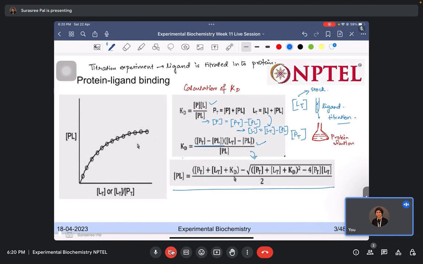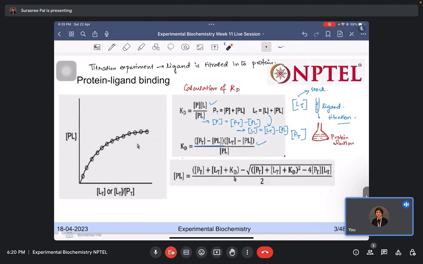In this formula, the total protein concentration is known, the total ligand concentration is known, and the Kd value is not known.